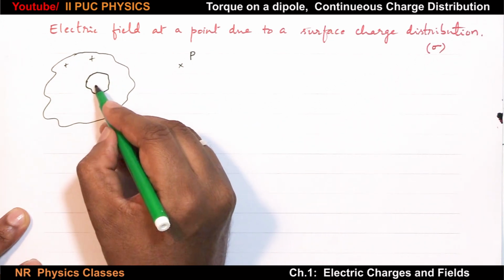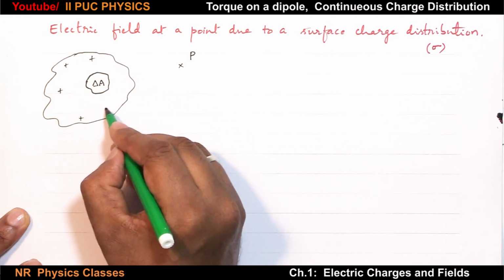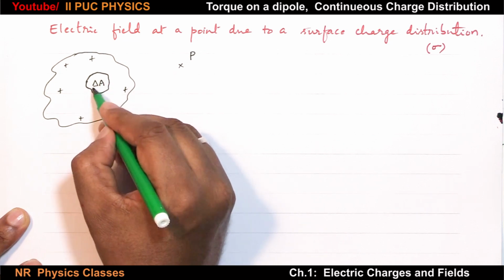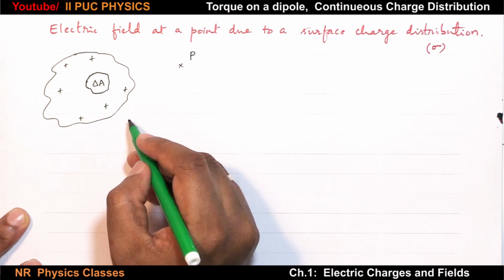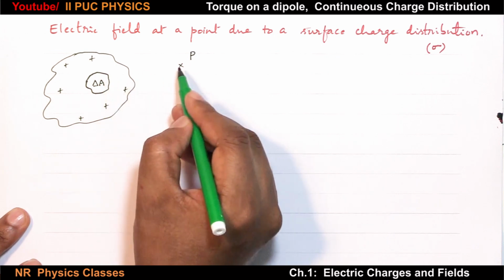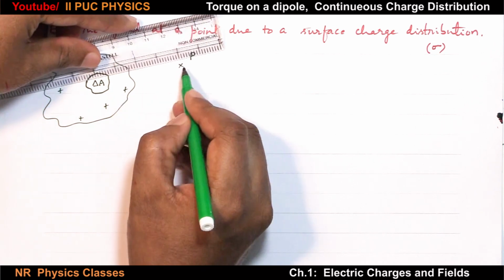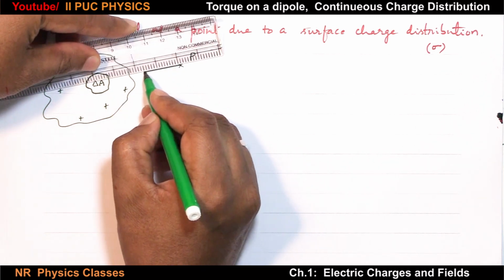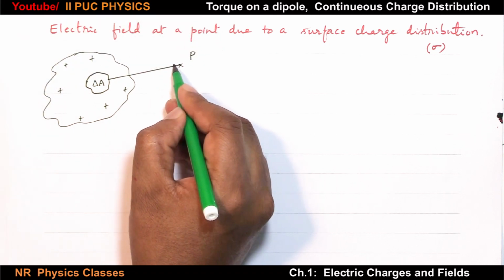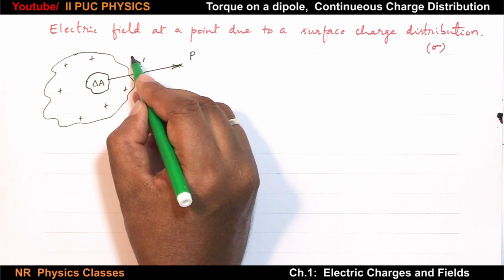The area of the small region is delta A. If the total area is charged, then even the small region is also charged. So what is the electric field at P due to this small region? This distance matters, R dash.